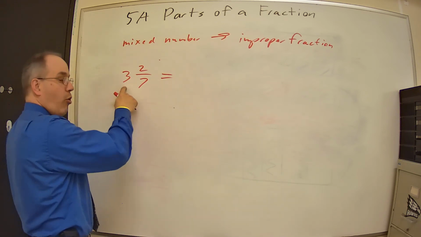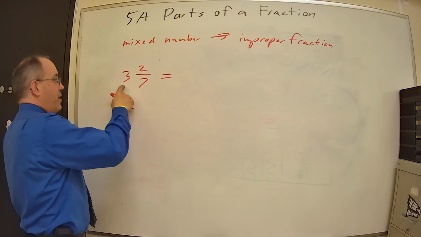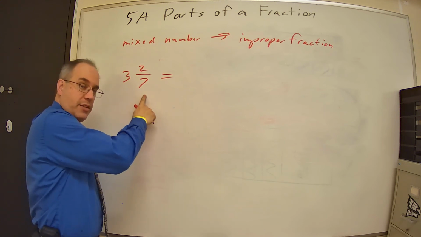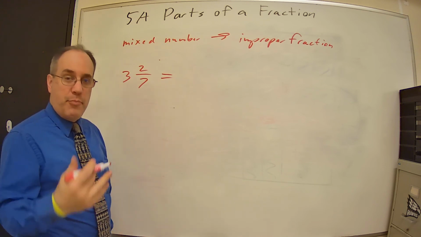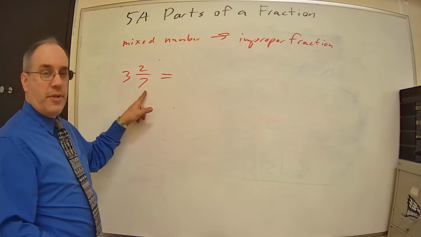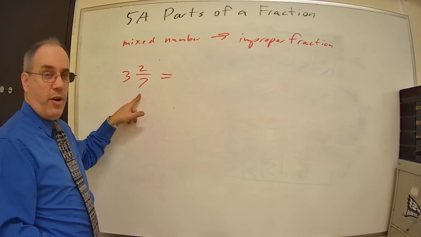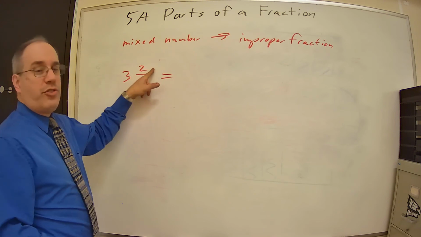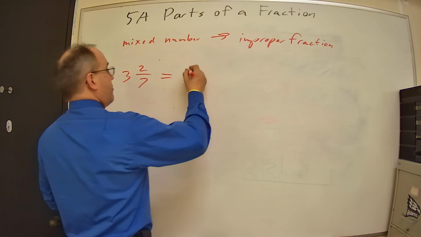We have 3 whole items. So 3 of them, each of them having 7 pieces, gives me 21 pieces. 3 times 7, 21. And then we've got 2 more pieces, 23.